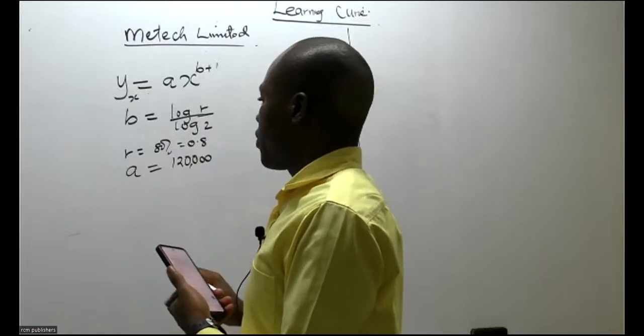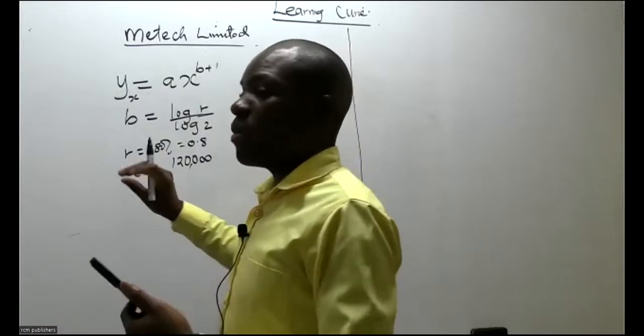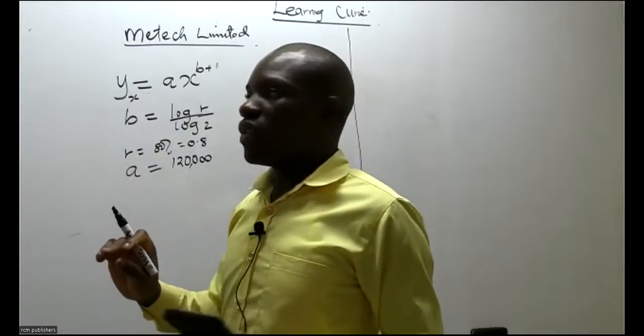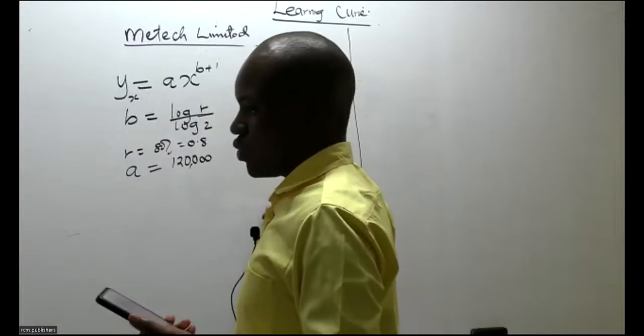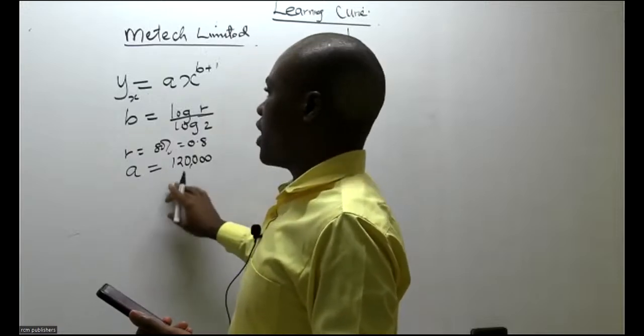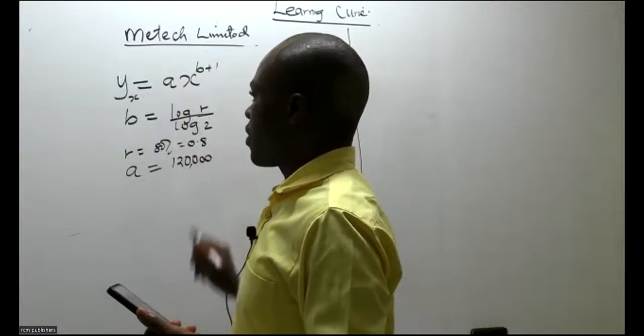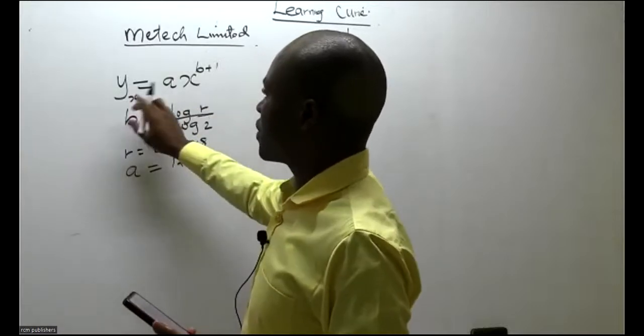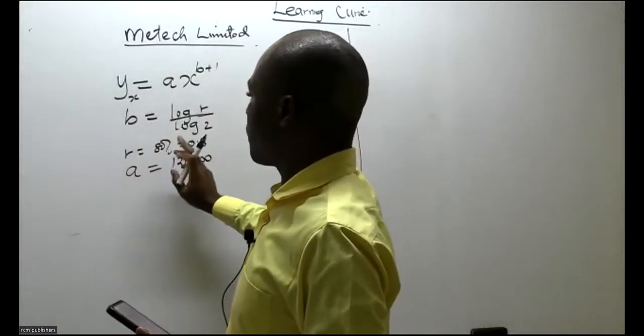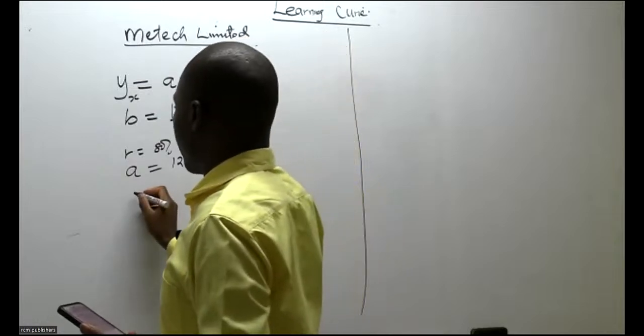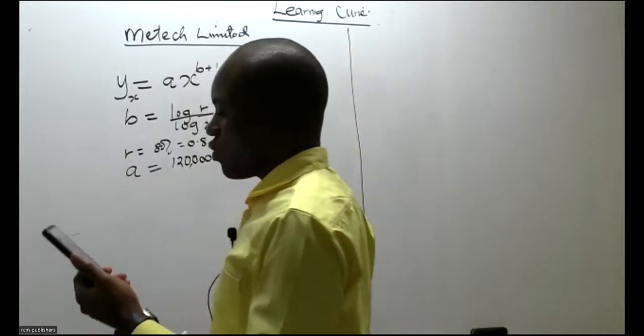So it means we are going to have 16 batches, the total batches for the lifespan of this product. So we now have a and x. X will keep on changing depending on what you want to calculate.